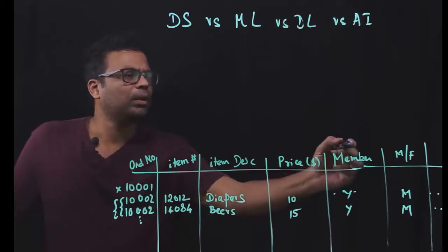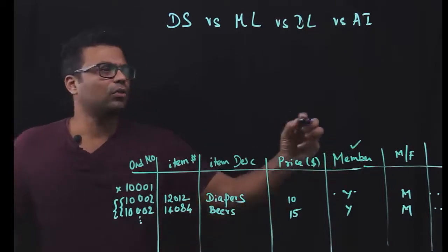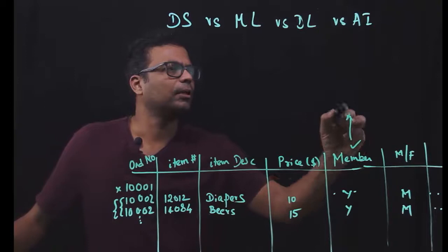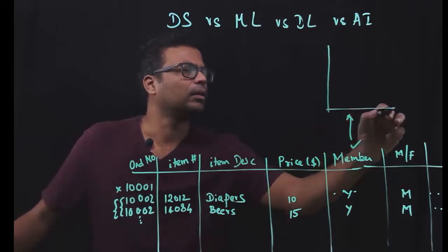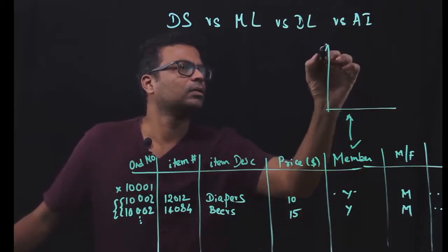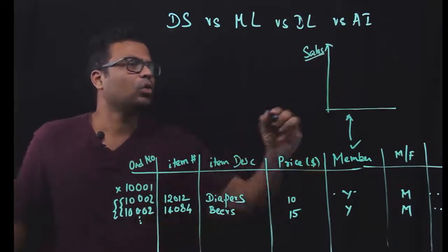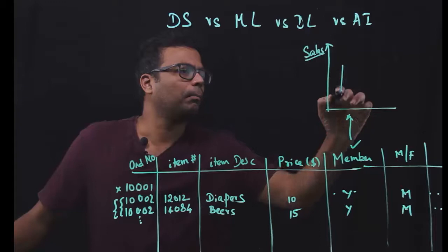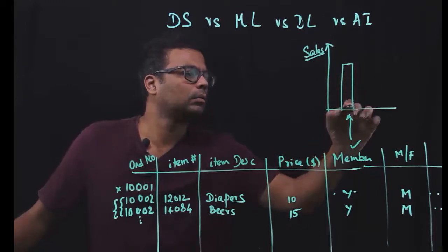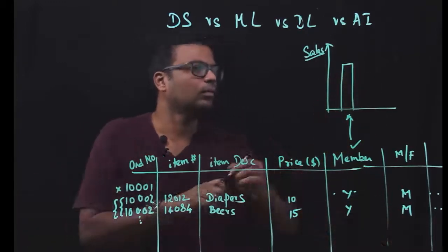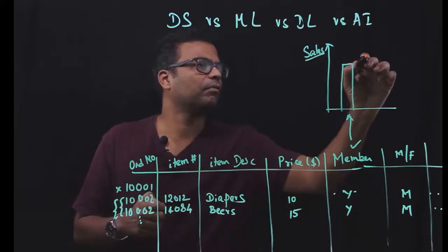Depending on the member information that you have, you can draw some inference from this. You can just draw a plot like this and say, this is the sales. Give me the total sales for male versus female.